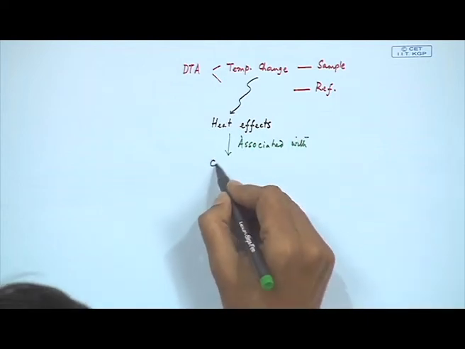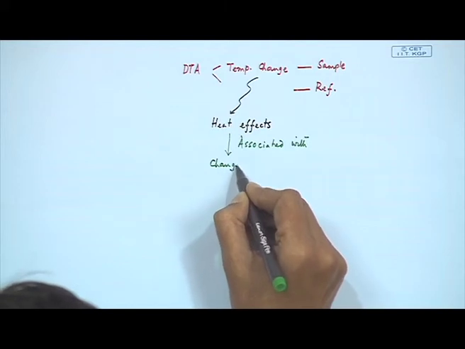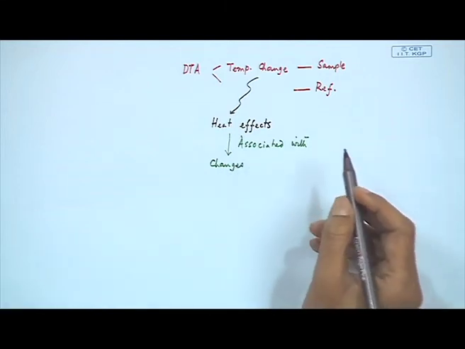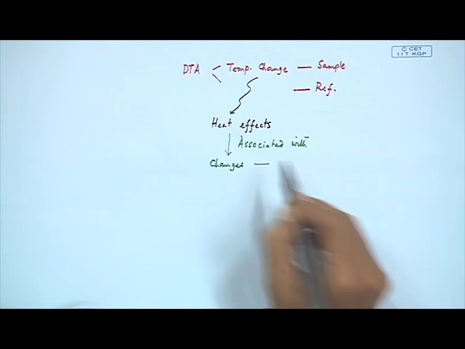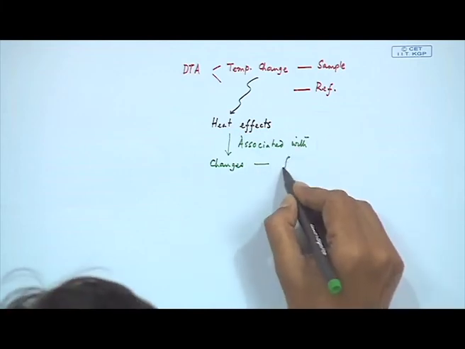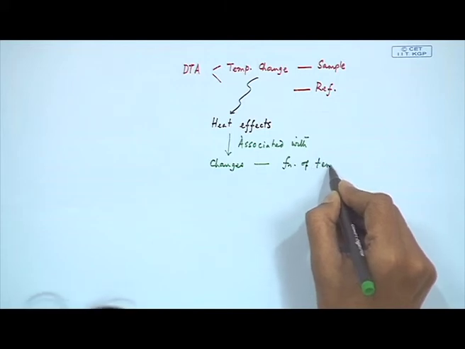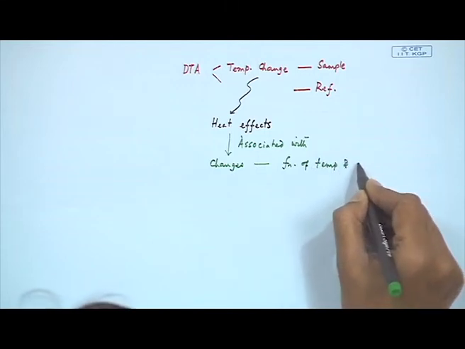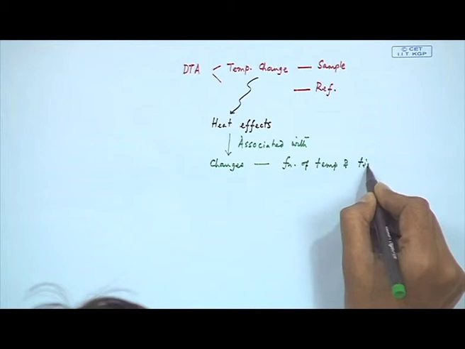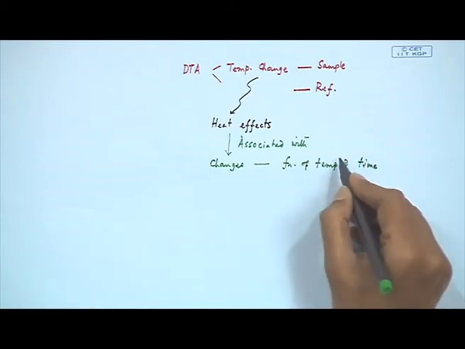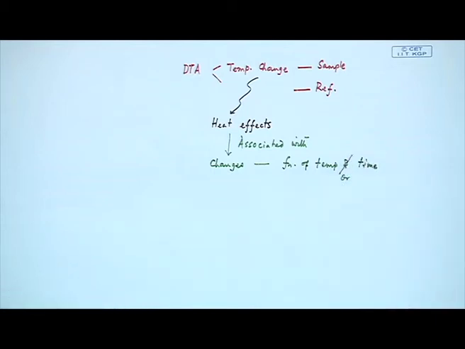So, there are changes which can be chemical or physical, and we have to plot as a function of temperature or time. So, a function of temperature or time we plot these, and what we try to find is the heat effects.